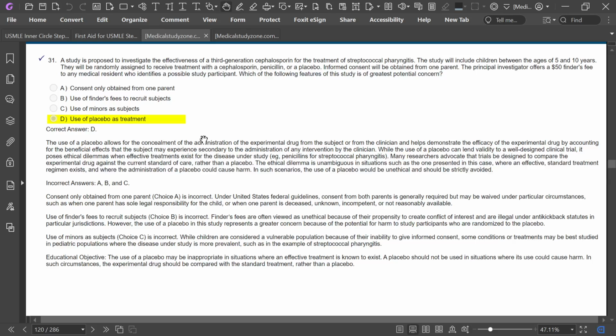the study participants who are randomized to the placebo. Use of minor as subject is incorrect.